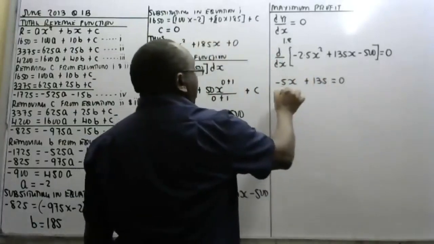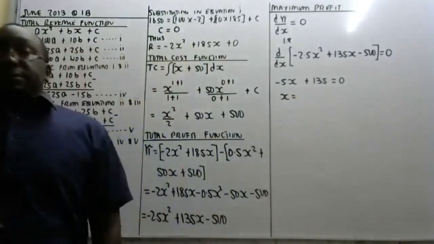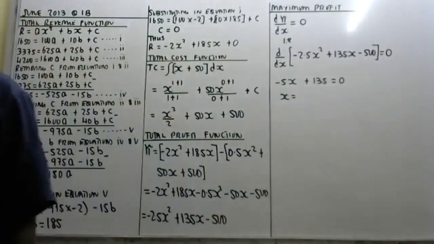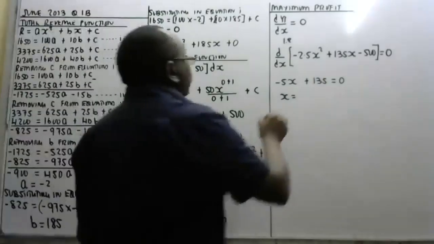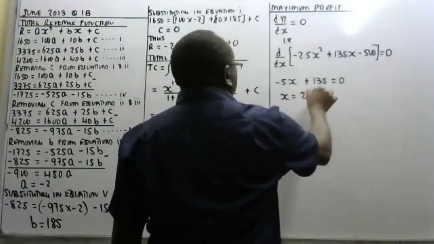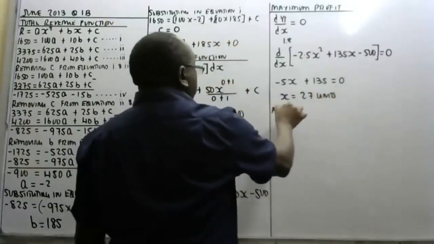So solve and tell me x is what? 27 units.